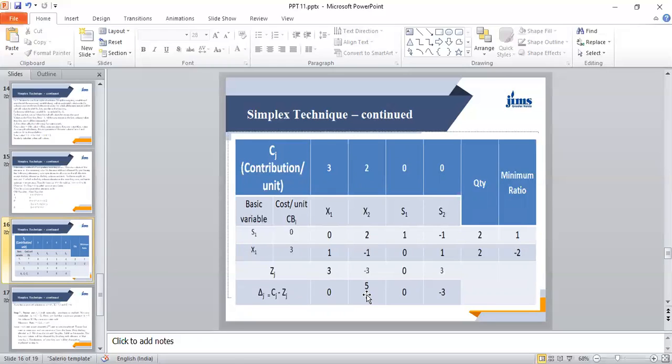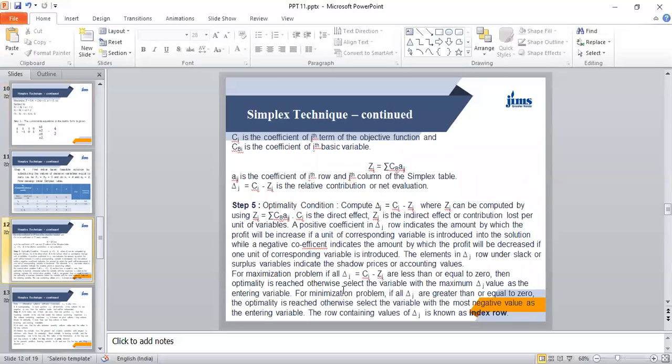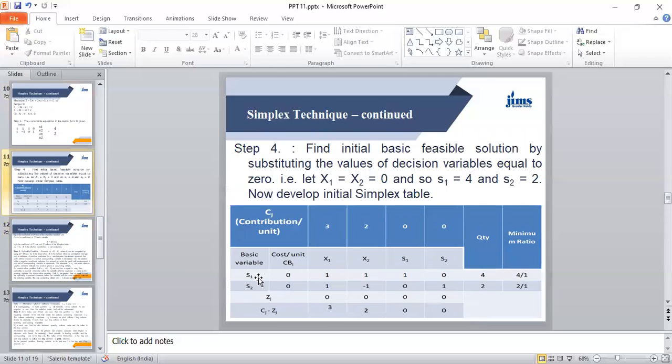Do you see any improvement in this solution? We started in this solution where we made only S1 and S2, and their quantity was 4 and 5. So their contribution is 0. So our profit was 0.